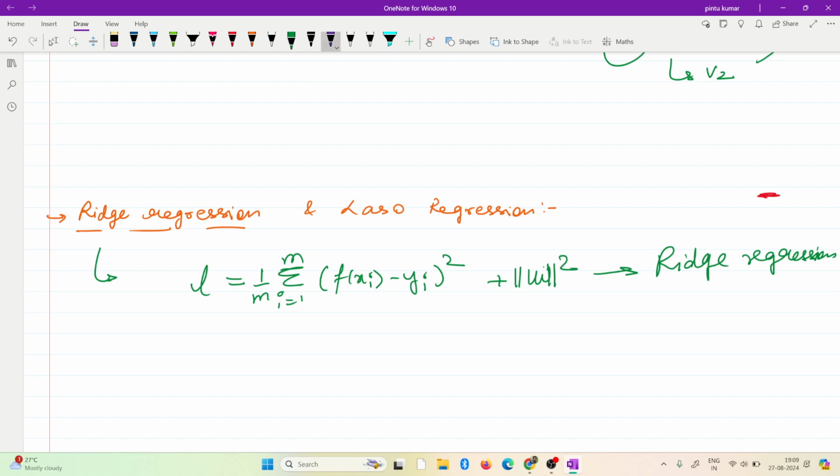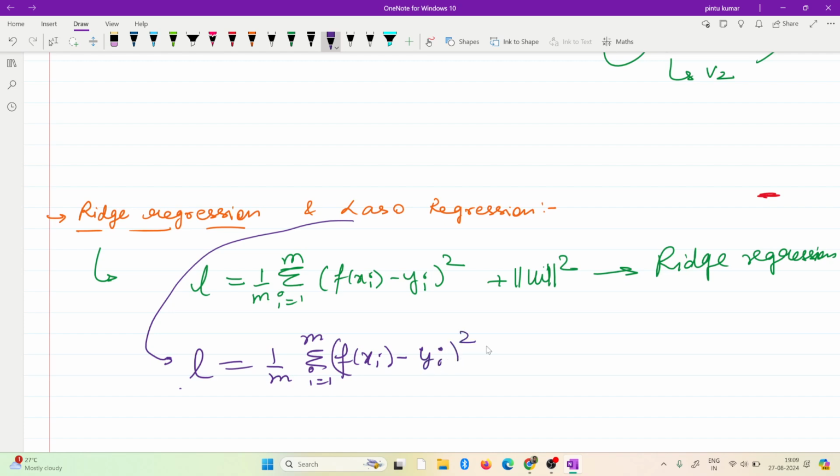You also have another kind of regularization, which is called lasso regularization. Your loss term there is something like summation i equal to 1 to m. The first term is the same. In the second term, instead of having the two norm, you take the one norm of your weights.